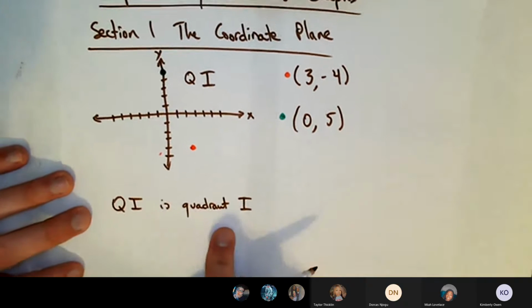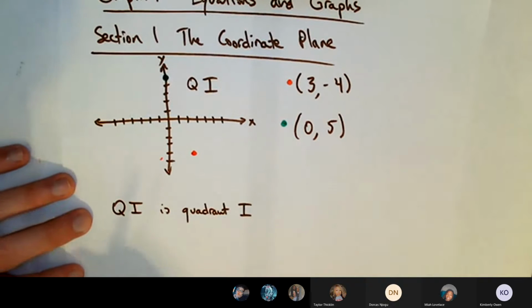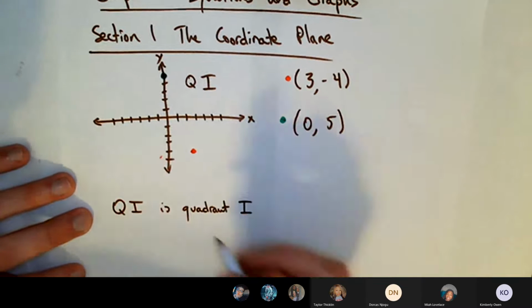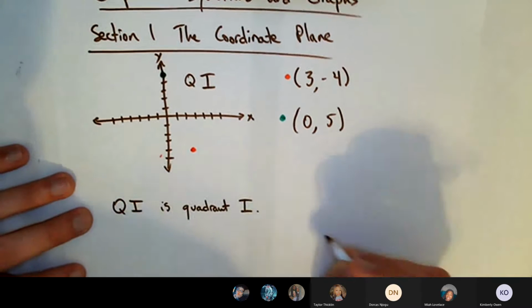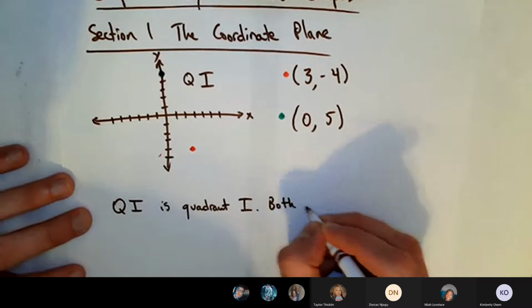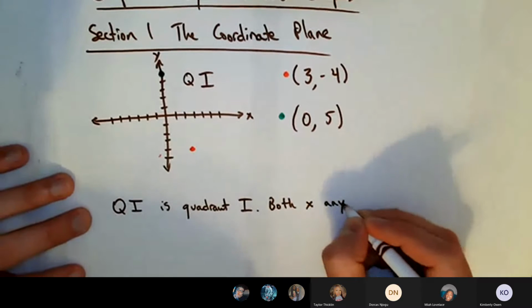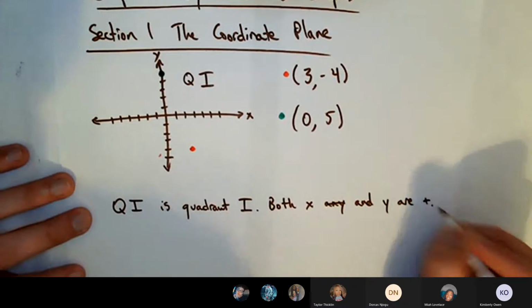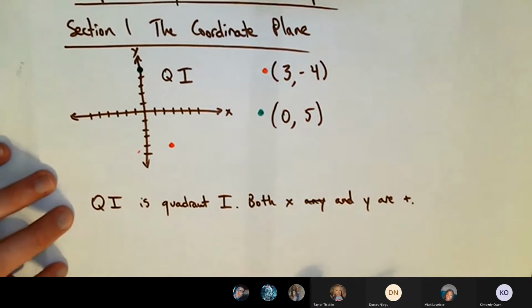Quadrant just means something has been split up into 4 pieces. So you probably already guessed there's going to be 4 quadrants, right? And what can I say about quadrant 1? Both x and y are positive. I'll just say plus for positive.